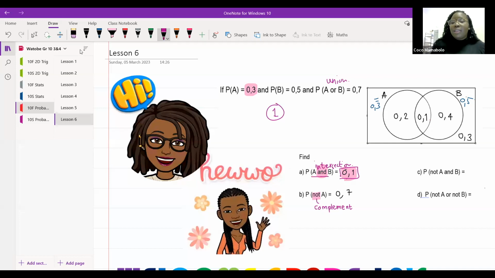So if we want the probability of not the intersection, that is everything except 0,1. So the way we're going to find everything except 0,1 is if we go 1 minus 0,1, which is equal to 0,9. Give me a thumbs up in the chat if that makes sense, guys. Especially Abigail, I want to make sure that you're with me.